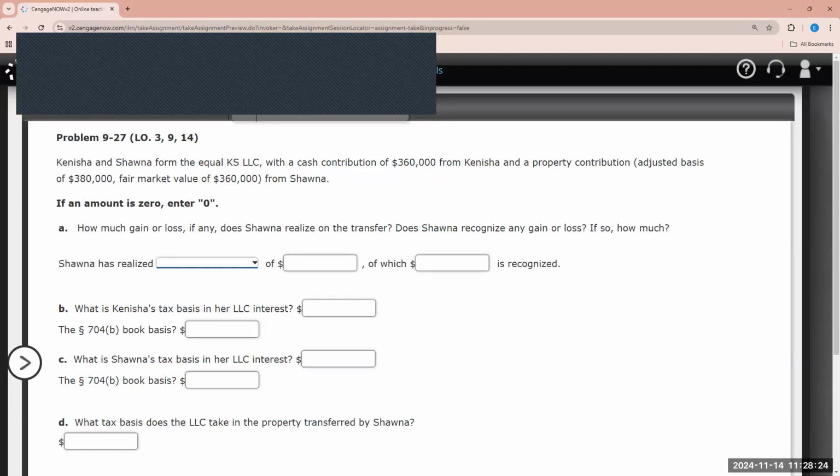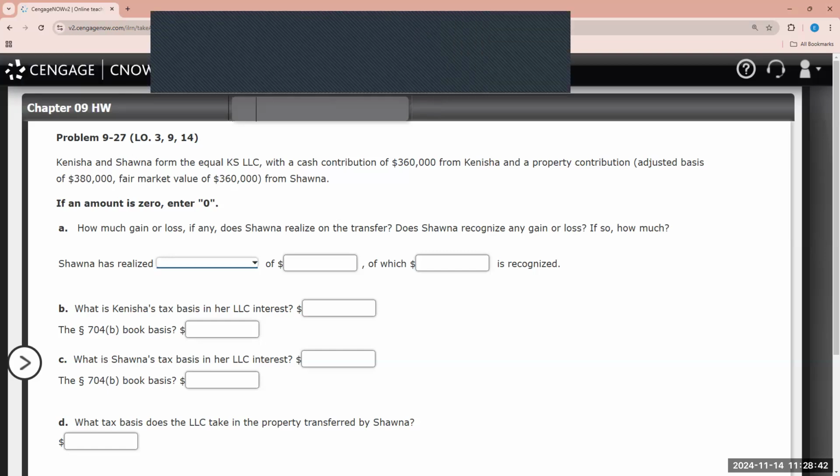Here it states, Kanisha and Shauna formed the Equal KS LLC with a cash contribution of $360,000 from Kanisha and a property contribution with an adjusted basis of $380,000 and fair market value of $360,000 from Shauna. So it's asking, how much gain or loss, if any, does Shauna realize on the transfer?